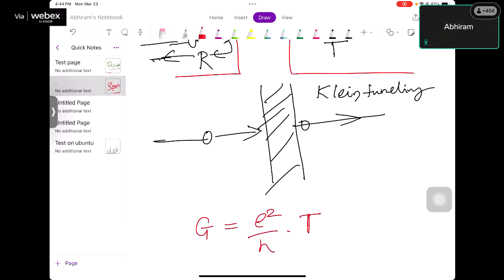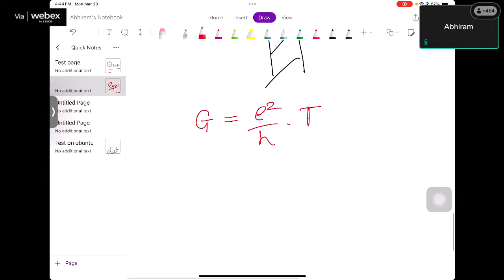So e square by h is the maximum conductance possible per electron channel in the normal metal. But in normal metal superconductor junctions, G can be equal to e square by h into 2 into mod Ra square. So this can be more than e square by h. So that's when you think about normal metal superconductor junctions.